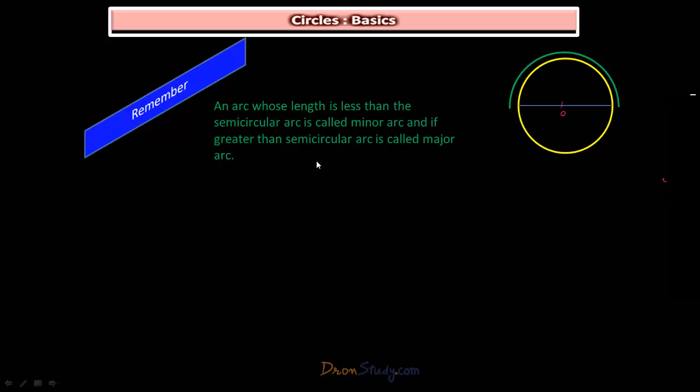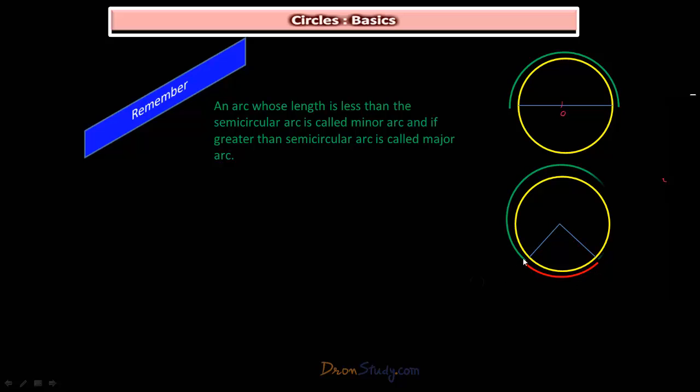Now see the definition of minor arc. An arc whose length is less than the semicircular arc is called the minor arc. See, this is the circle and this arc is less than the semicircular arc, means it is less than half of the circle, and therefore this arc is called the minor arc.